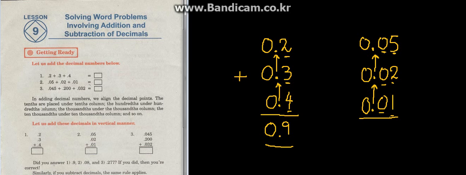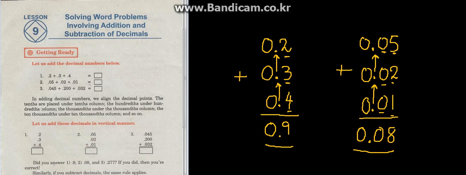Then just do the addition. So 5 plus 2, 7, 7 plus 1, 8. Then 0, 0, 0 is just 0. Then place the decimal point, and then another 0 in front of the decimal point. So the final answer is 800 thousandths. Okay.